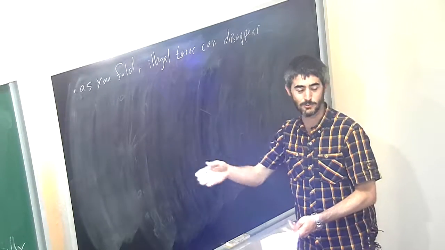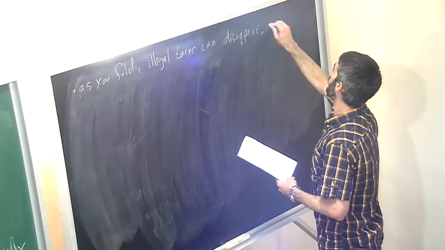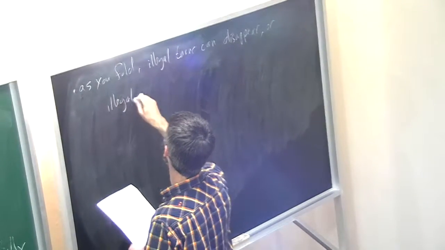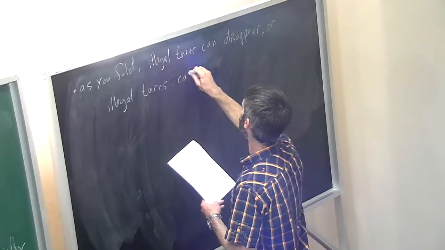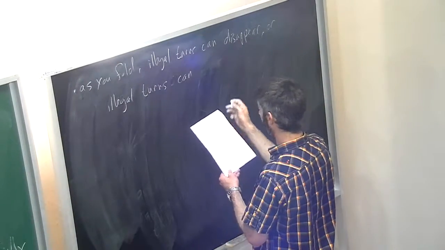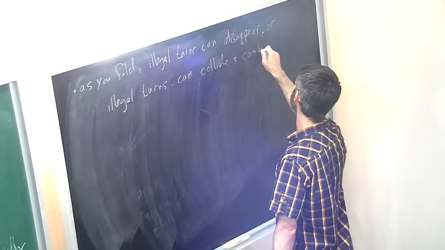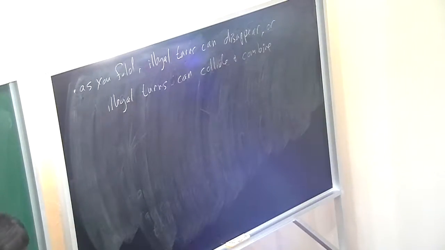That illegal turn went somewhere else, but alpha is not taking that turn anymore. So it could disappear, or they could cancel with each other. Or illegal turns can collide and combine. If I have a short legal segment between 2 illegal turns, they can nibble at the sides enough and get to each other and turn into one illegal turn.